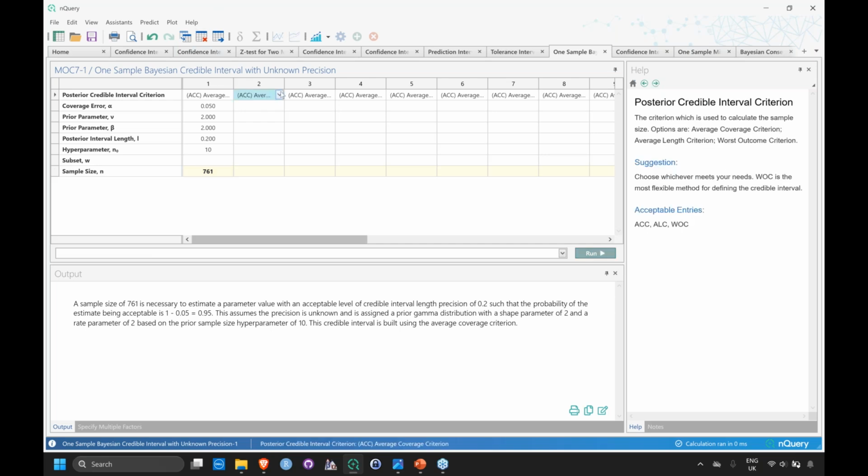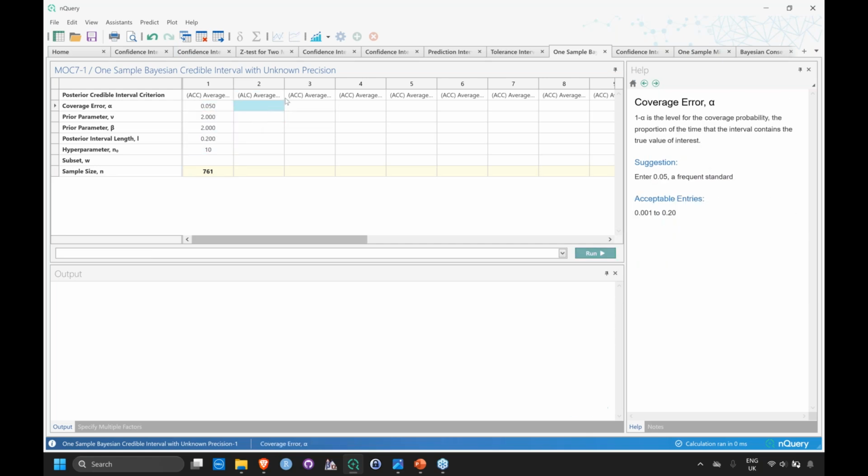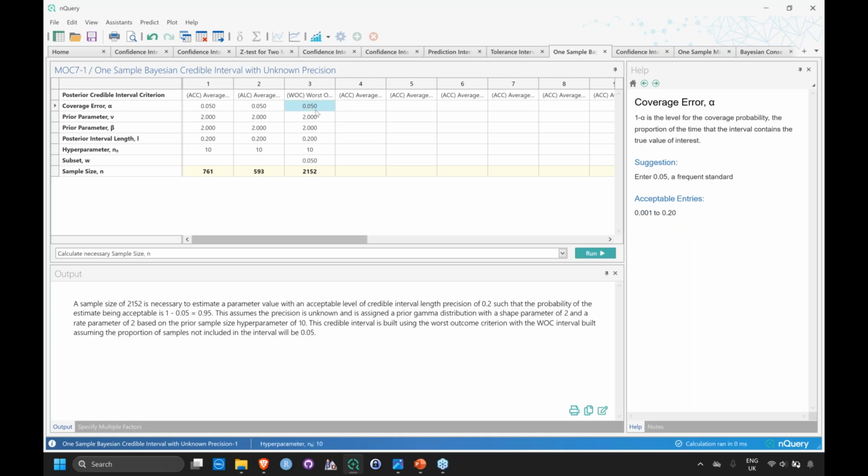I'll repeat this for average length, and again for worst outcome. So the default subset for the worst outcome criterion is 0.05, which just means that the probability that the length is greater than 0.2, given coverage probability of 95%, is just 5%.